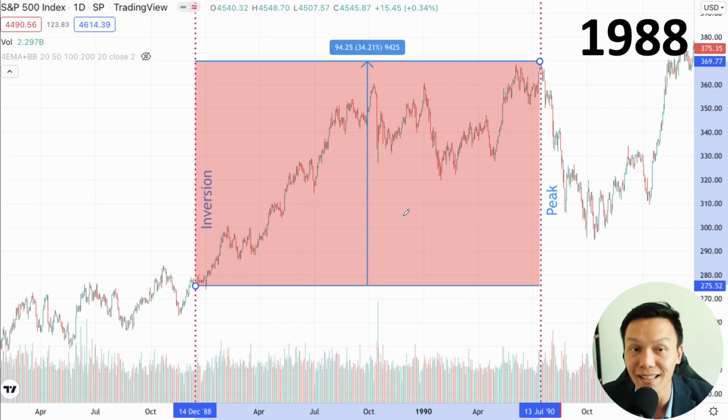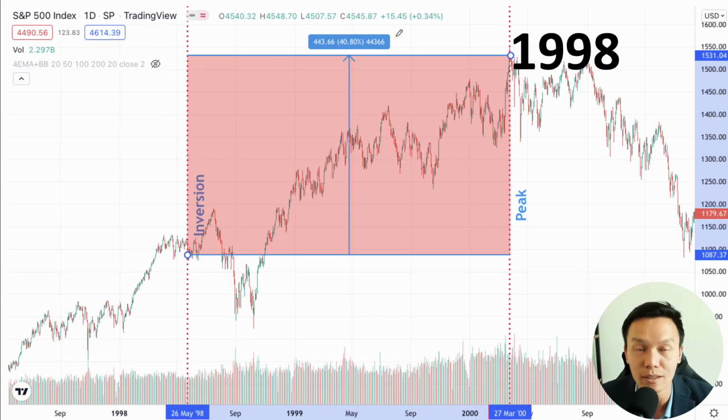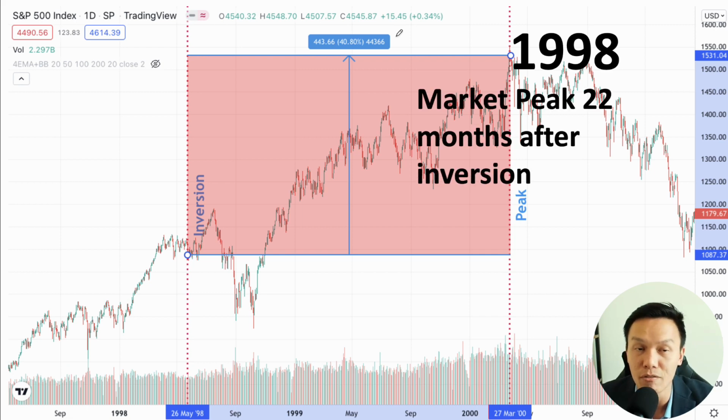Now, in 1988, this is where it gets interesting. We saw the inversion in December that year. However, we did not see any market top until July 1990. That means the market ran for another 34%, 19 months, before it peaked out. Now, in 1998, we saw that the market ran for another 22 months, and 40% more, before it peaked after the inversion.